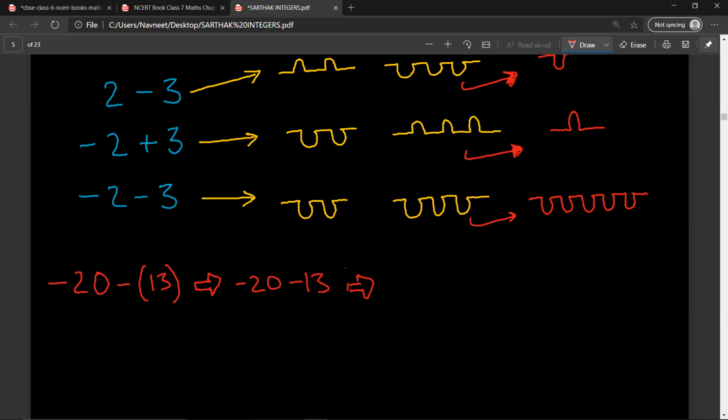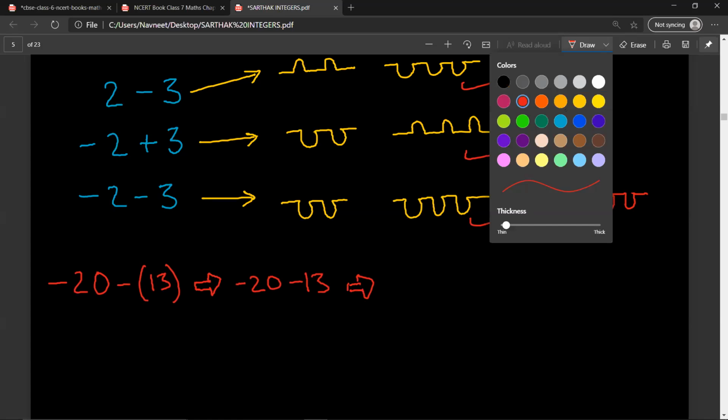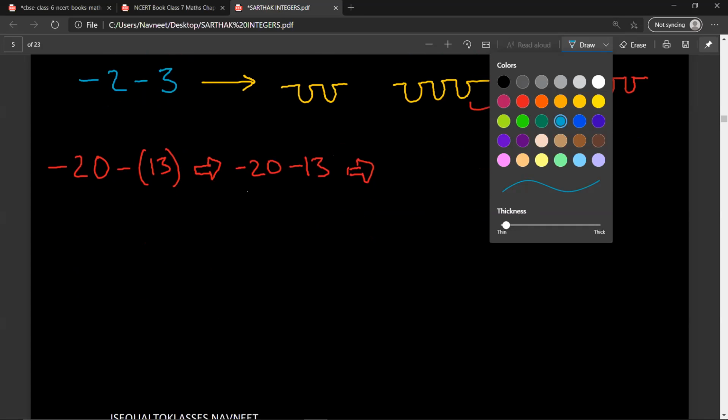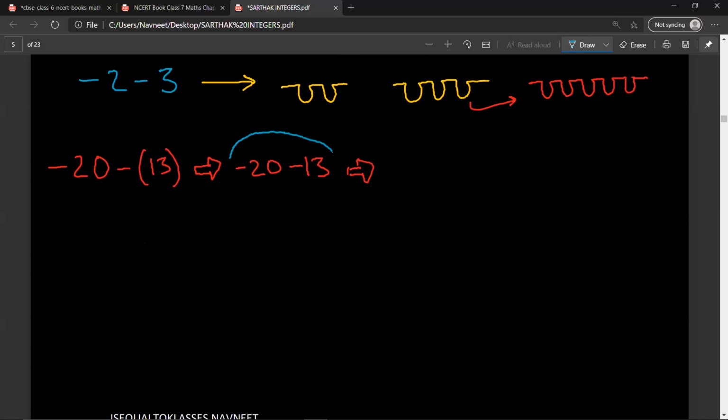Yes, sir. Now, Mr. Sarthak, all I'm trying to tell you is that let us assume that you have got confused at this step. Take a small example. Make a small example of your own. So the smallest example I can make of my own is minus 2 and minus 3. Is it correct?